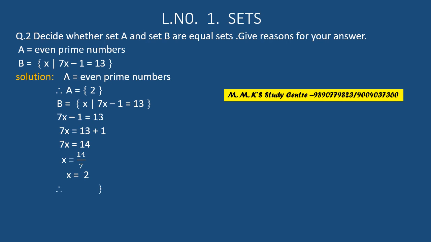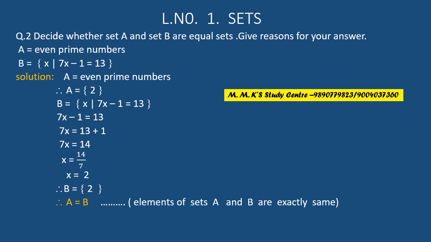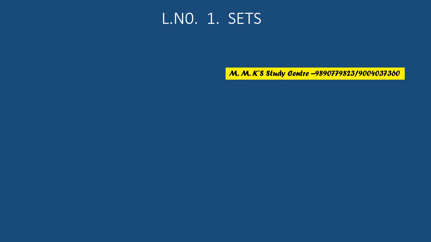So you will get here set B is {2} and in set A also we have 2. So you will get A is equal to B. Means set A is equal to set B because the elements of sets A and B are exactly the same. We can understand from this, if two sets have the same elements, they are called equal sets.